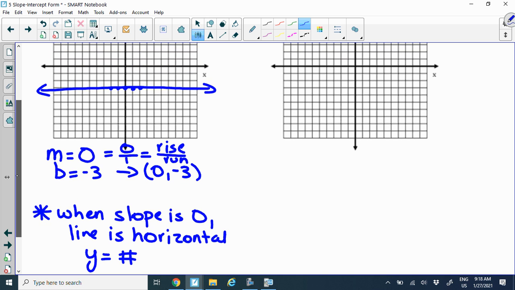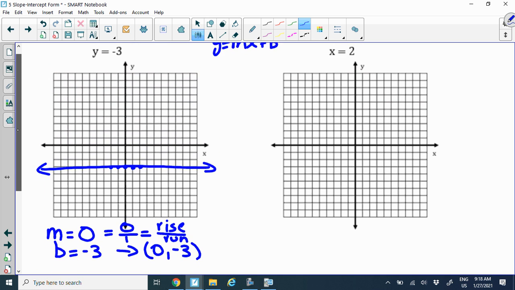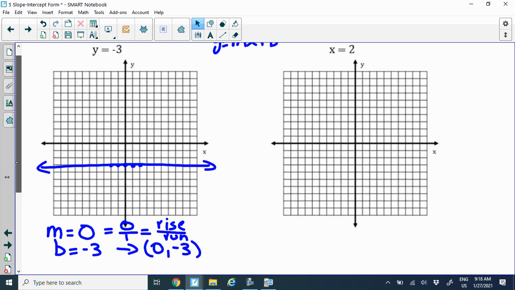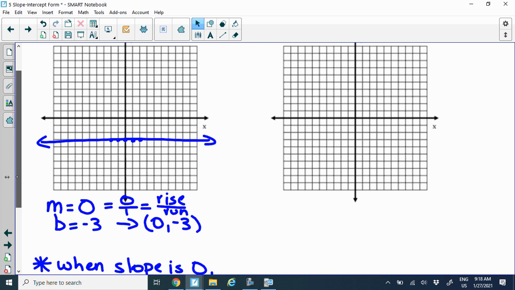Okay, let's look at the next one. Here we have x equals 2. Well, we don't even have the m, and there's no b. So this is where we once again talked about our slope when we have x equals 2. This is what we call an undefined slope.